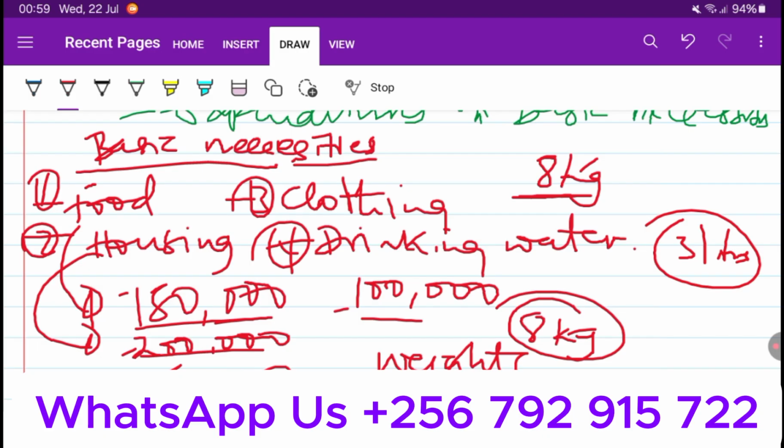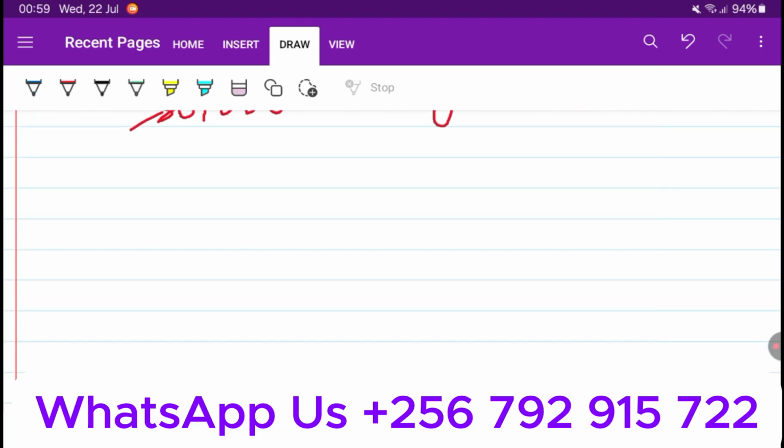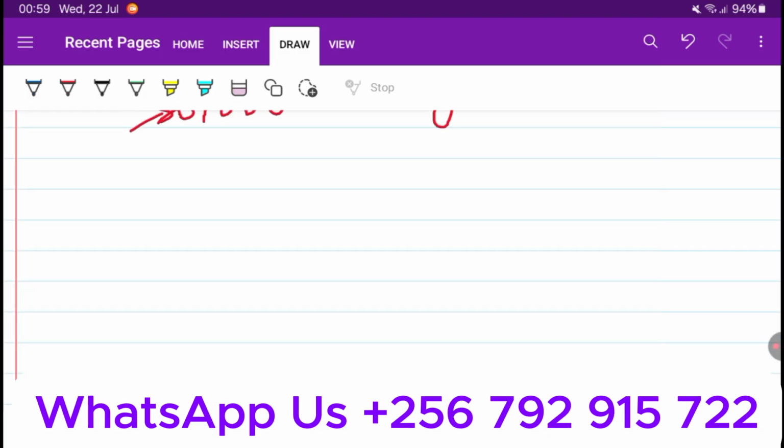A very straightforward example we can look at: if we are a company dealing in transport services, and we have different buses. Let's assume that we have 3 buses, and each of these buses takes a different route.